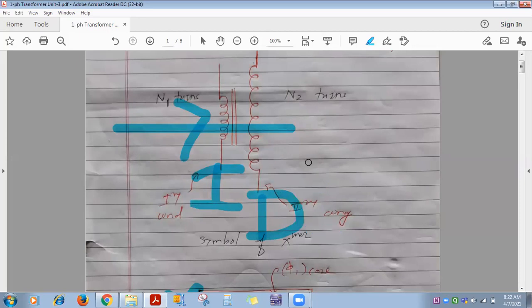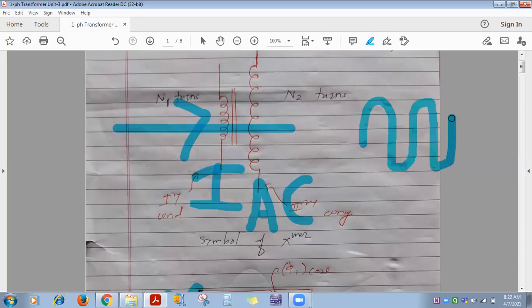But if you pass AC current through this conductor, whose magnitude and direction continuously change, then whatever magnetic field is produced around this conductor will be a changing, alternating magnetic field. So through any conductor, if you pass AC current, around it, it produces a changing or alternating magnetic field.